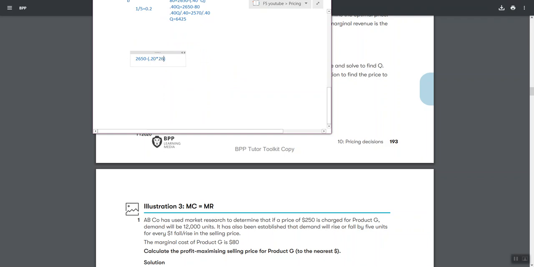It is 2650 minus 0.20 multiplied by the quantity, 6425. If I put the equal sign here, it will directly give me the answer, which is 1365. That is the price that we need to charge. If we charge 1365, our profit is going to be maximized.